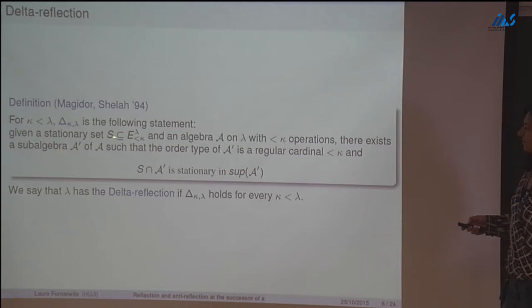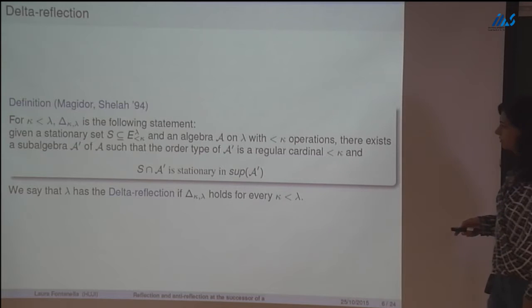So let me rephrase this. If you have a stationary subset of lambda and a structure on lambda with few operations, then the stationary set reflects to a small subalgebra of order type less than kappa. Okay.